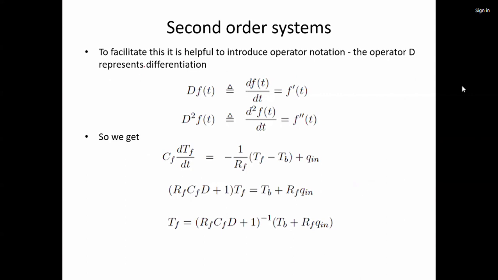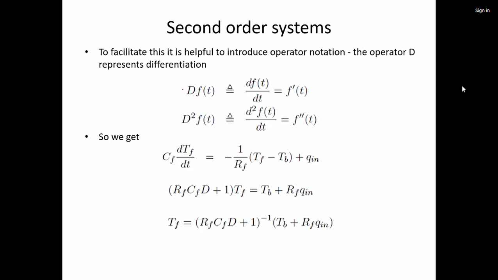And to do that, it will be helpful to introduce this operator notation. Okay. So the operator D represents differentiation. So this capital D of function f(t) is basically d of f(t) over dt, which you can also write as f dash t.